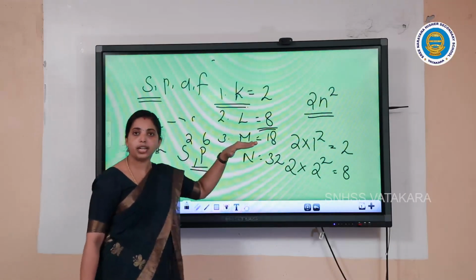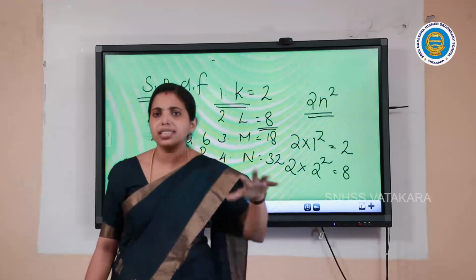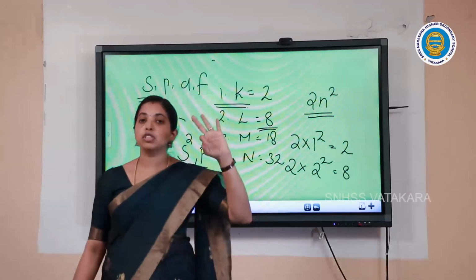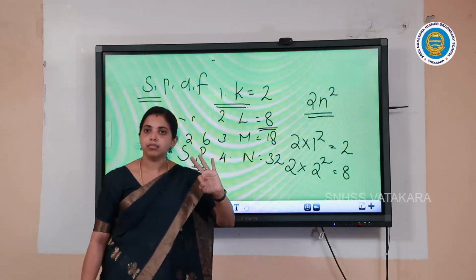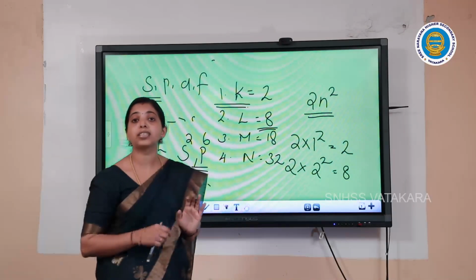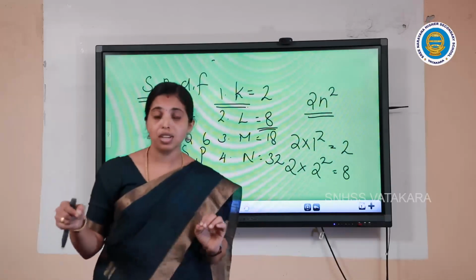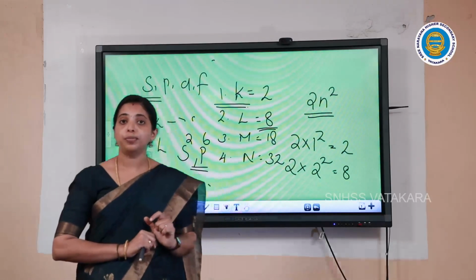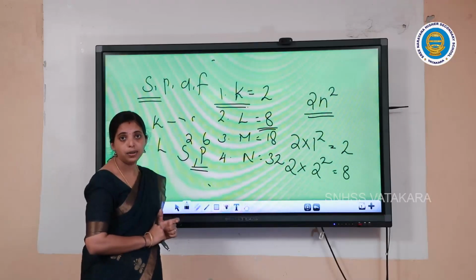Next shell, which is the next shell? M shell. The position of the M shell is the third position. Then how many subshells are possible in that shell?